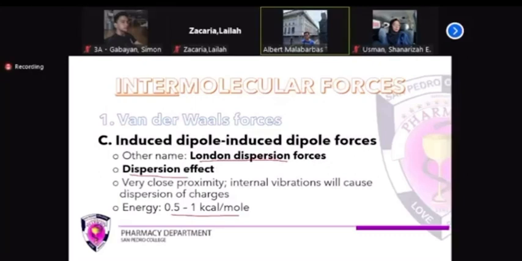If you compare the three of them, the weakest would be the dispersion effect. Being the weakest, it is easily broken and easily changes state from one state to another, from solid to gas, from gas to solid, etc.